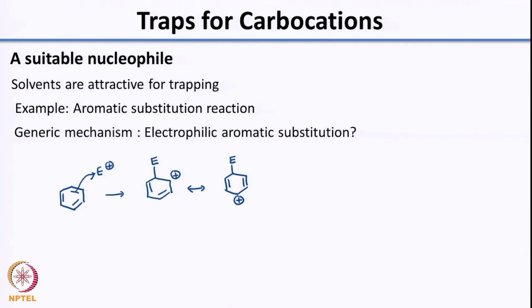You can also write the resonance structure. So these are the multiple resonance structures that you can write, and once you have written this, the next thing you have is loss of the proton to give you your product.